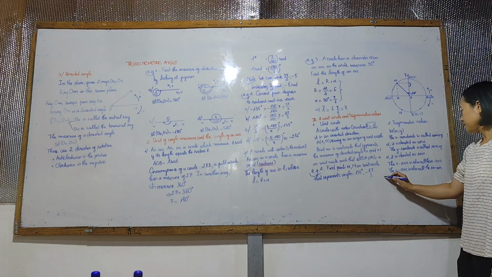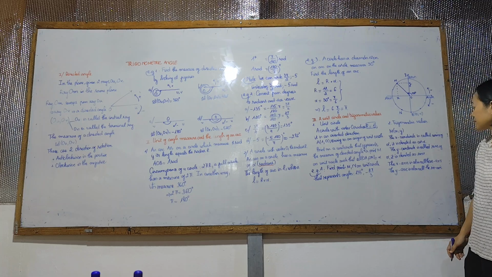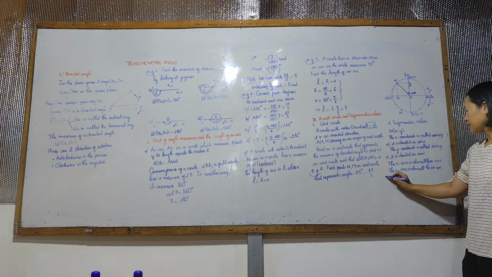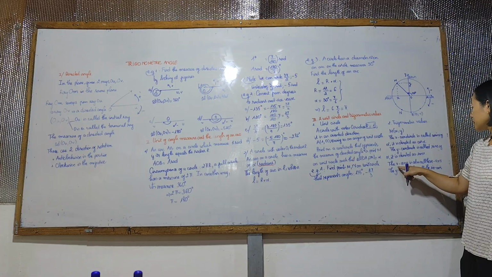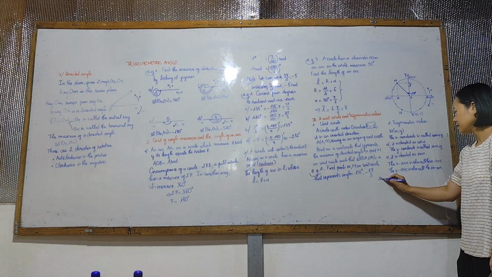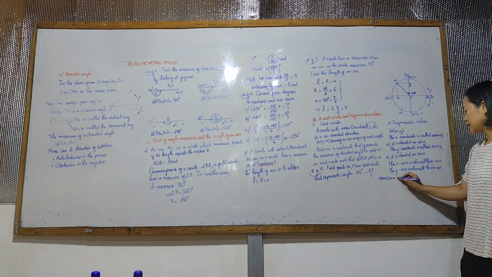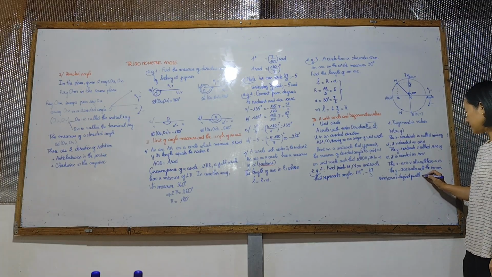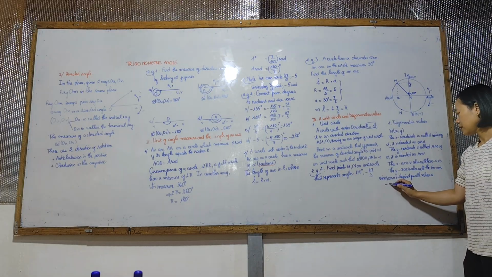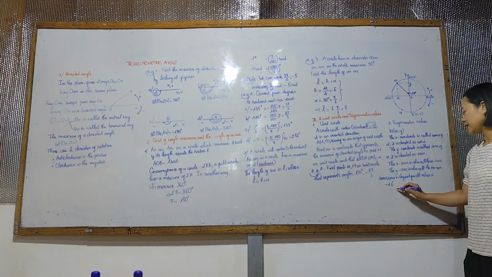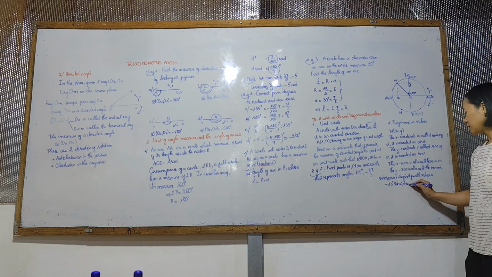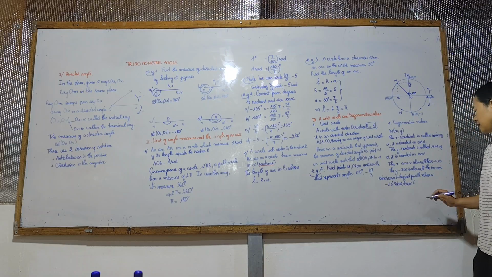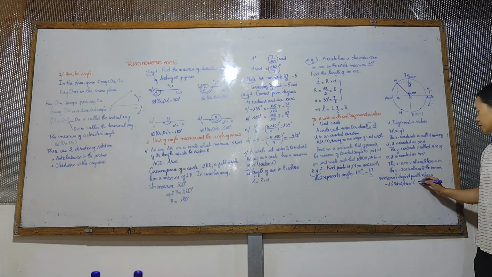And sine alpha and cosine alpha are defined for all values alpha, and negative 1 is less than or equal to sine alpha, cosine alpha, less than or equal to 1.